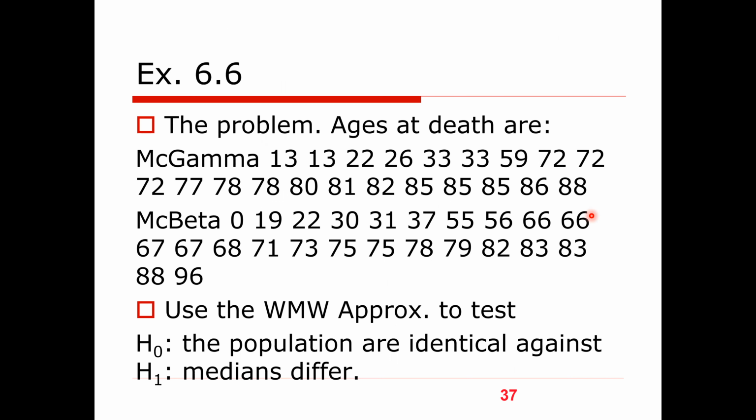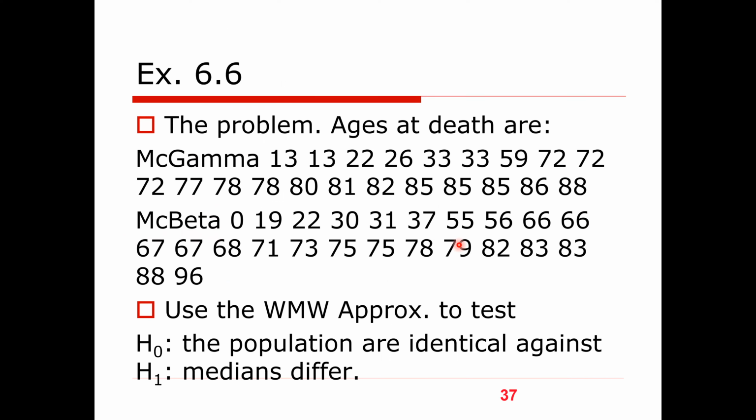So another example, let's once again use the depth ages data for the plants, the data in appendix 1 in our textbook. Compare the median of the depth ages for 2 clans, the Mc gamma and Mc beta.